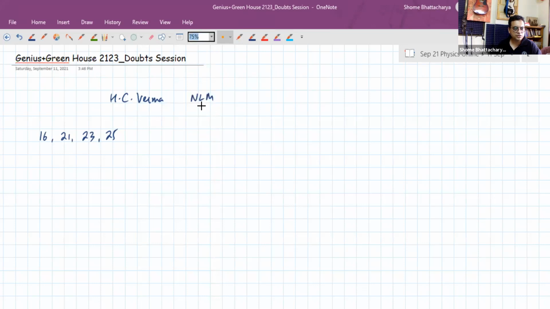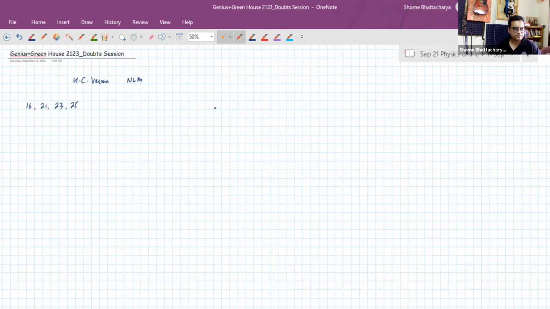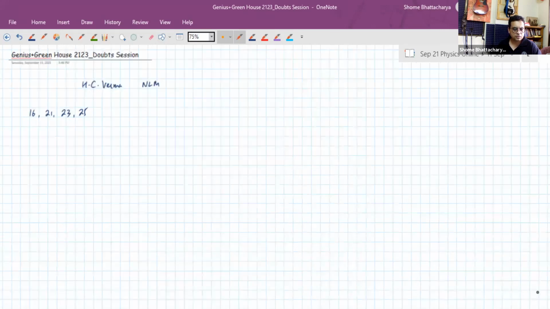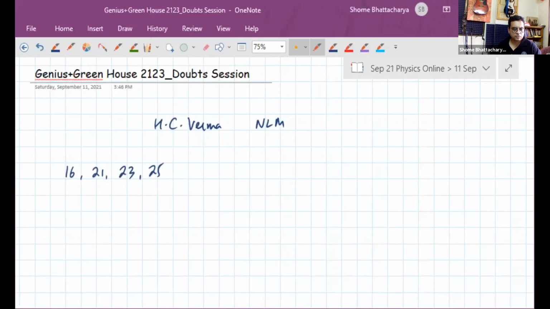It is much easier to solve this type of problem using the concept of a non-inertial frame. So let's begin with question 16.